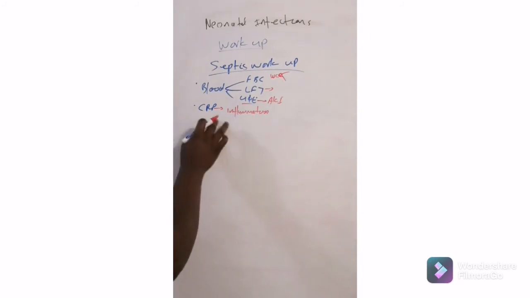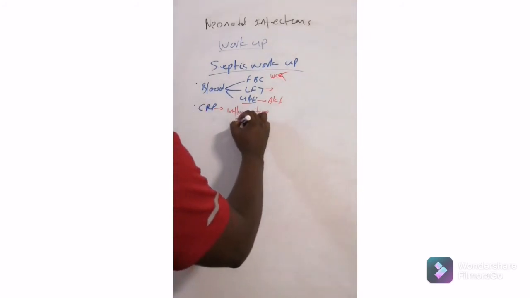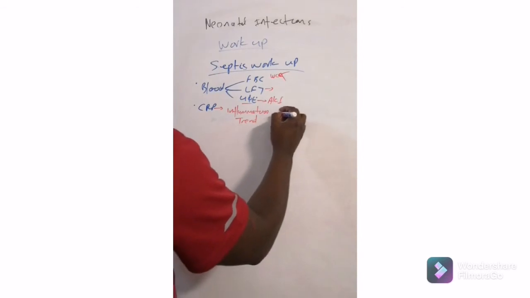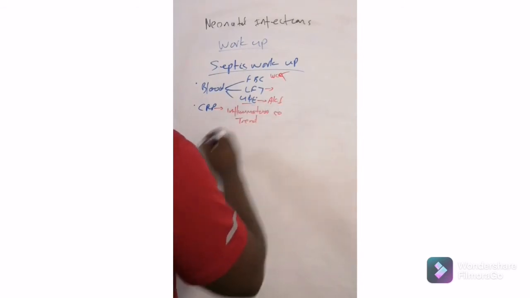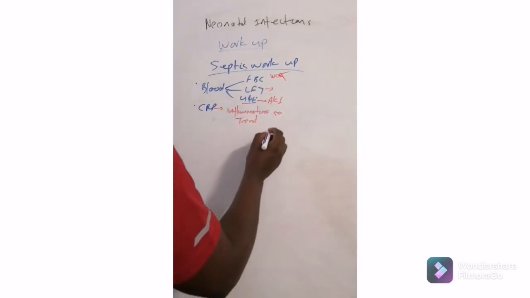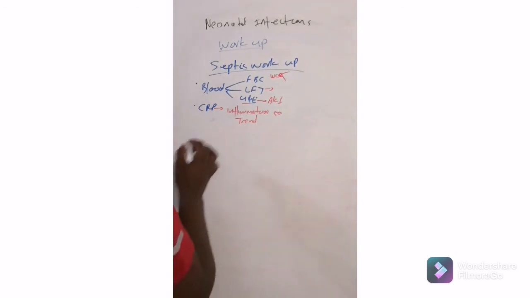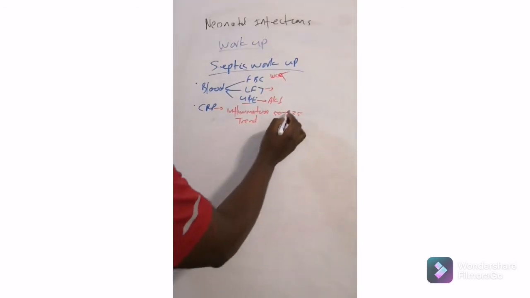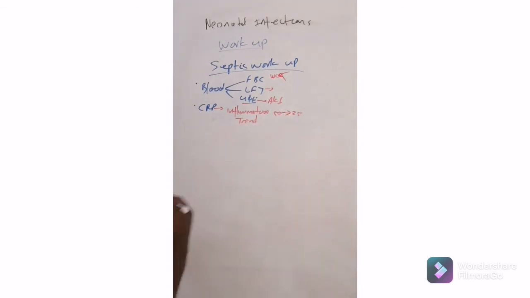What it's used for is just to check the trend, how effective antibiotics are. If you've got a child who's got a CRP of 50 and then you give them antibiotics and after 2 days you check it, now it's 25, so you know that you are winning.